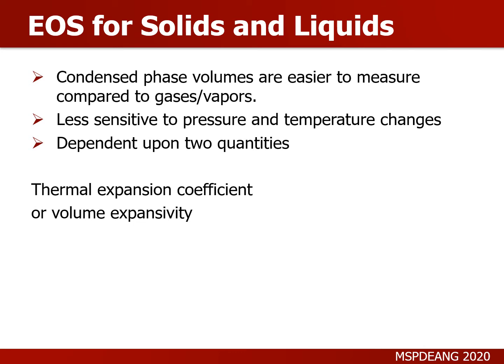So we define the thermal expansion coefficient or the volume expansivity for a solid and liquid, and this is the quantity beta, which is described by 1 over V times the change of the volume with respect to temperature at constant pressure. So the thermal expansion coefficient obtains the change of the volume of your solid or liquid as a function of temperature only.